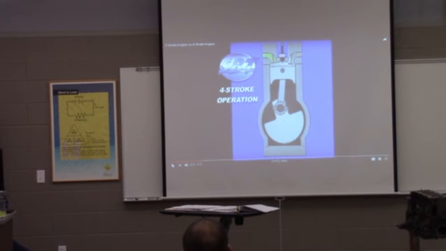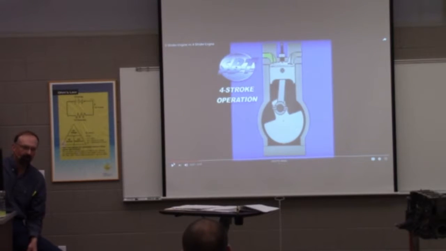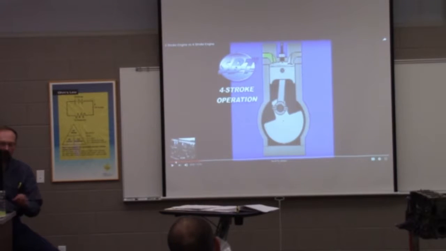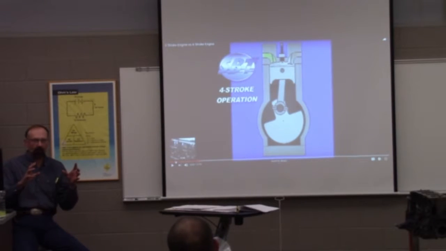Okay, so we had how many strokes there? 4. Right. And how many revolutions of the crankshaft? 2. Right. And so, like we talked about, we get all the power from that power stroke, and the only way the engine keeps moving is that we've got it rotating and we've got enough mass.